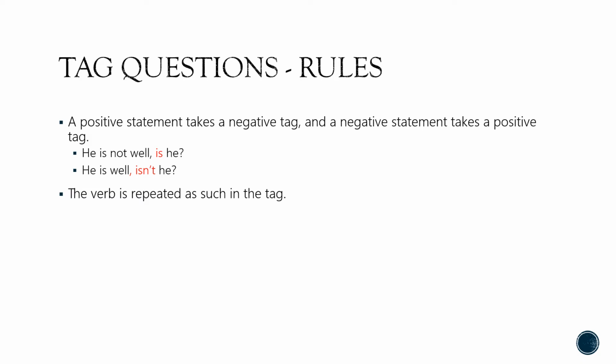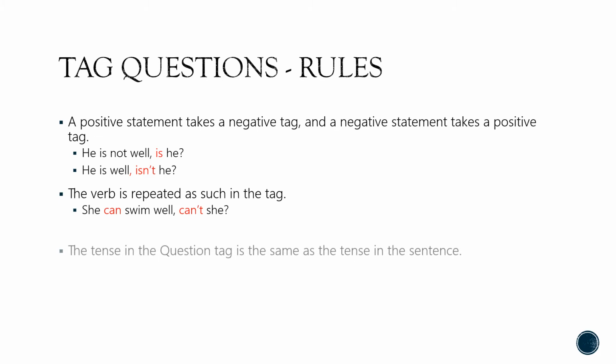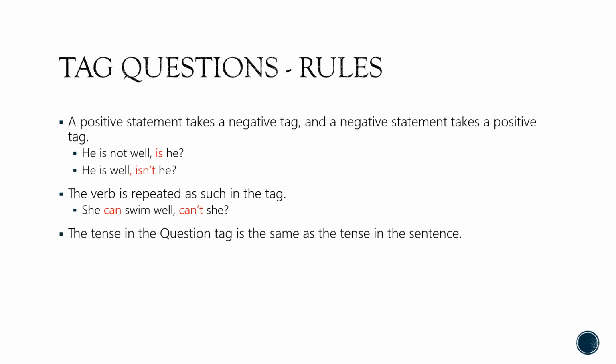Like for instance, in this sentence, she can swim well. The tag would be can't she? Imagine that this sentence did not have the word can. Then the sentence would be she swims well, and the respective tag would be doesn't she?